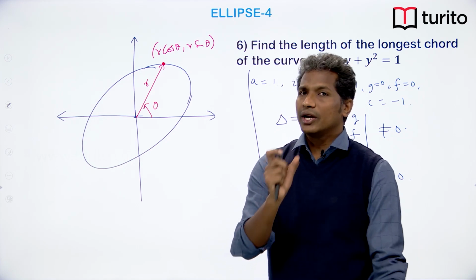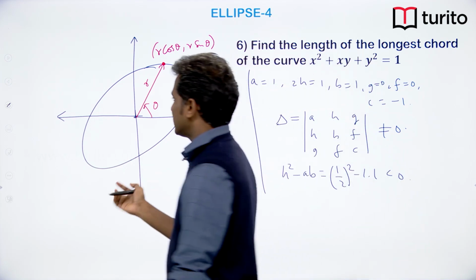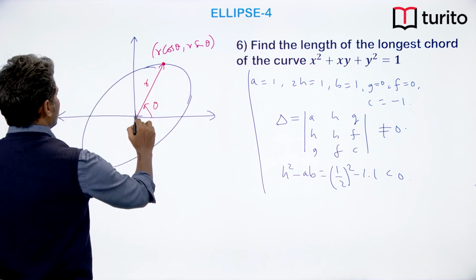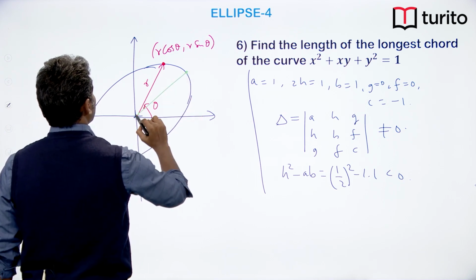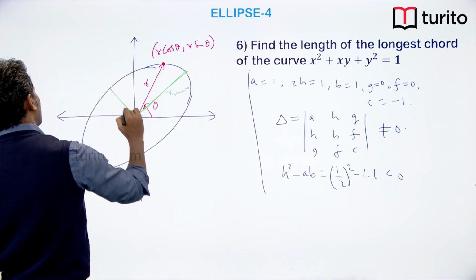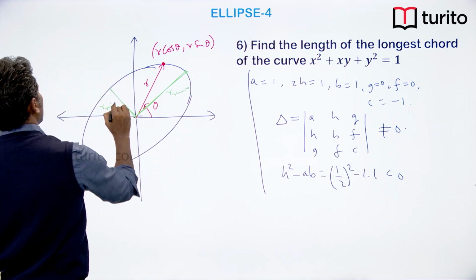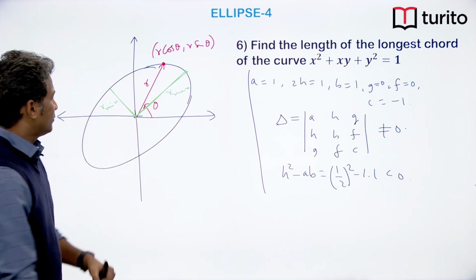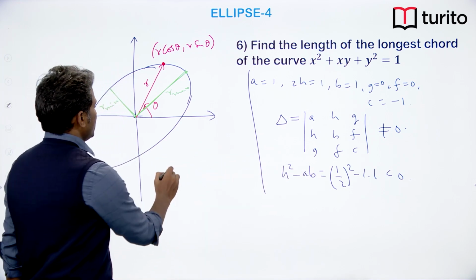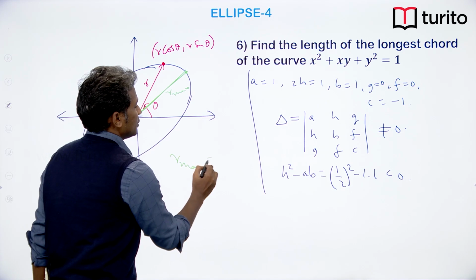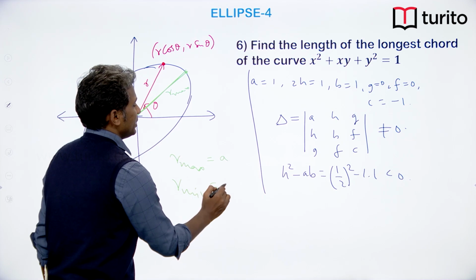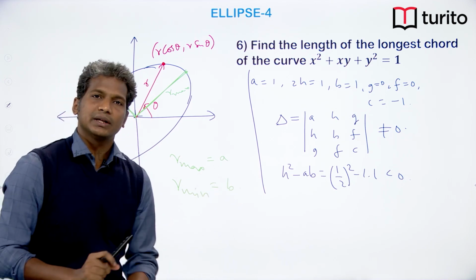So now where do we get the shortest and greatest distance here? From here, if I join this point, I will get the greatest distance, which is r max, and if I join this point, I will get the shortest distance, which is r min. Okay. Now if you understand this with the symmetry and the diagram of the ellipse, you will get r max to be equal to a, which is the semi-major axis, and r min to be equal to b, which is the semi-minor axis.